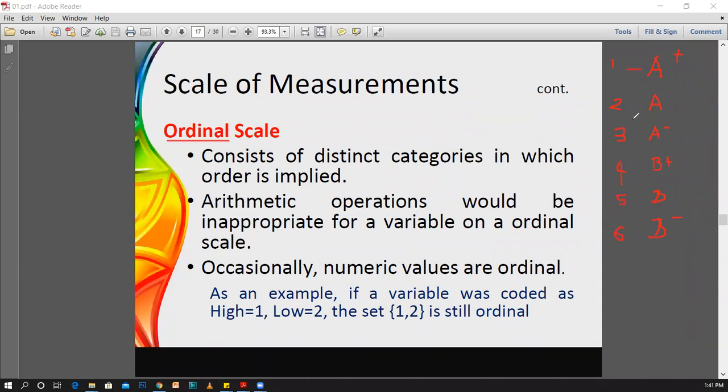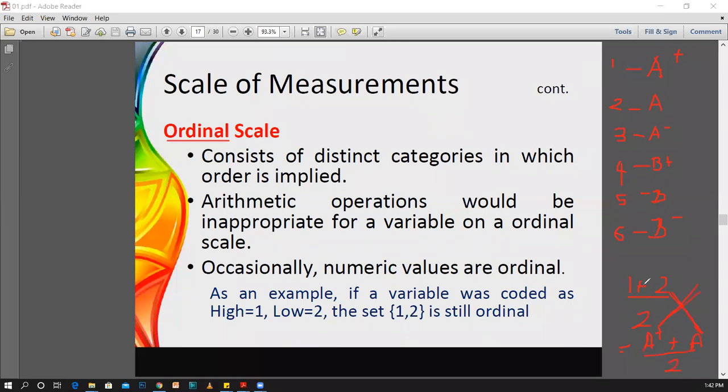Rather than using A plus, A minus, B plus, B, and B minus, you can use numbers to denote them. Even though you are using numbers, how can you add this? 1 plus 2 divided by 2. Can you take this as A plus, A divided by 2?